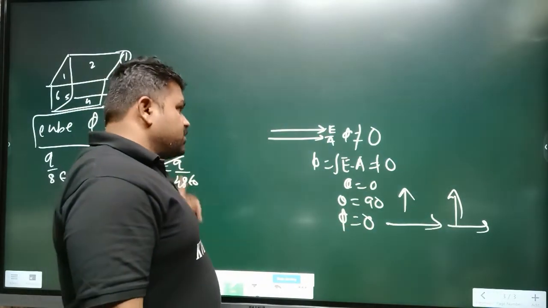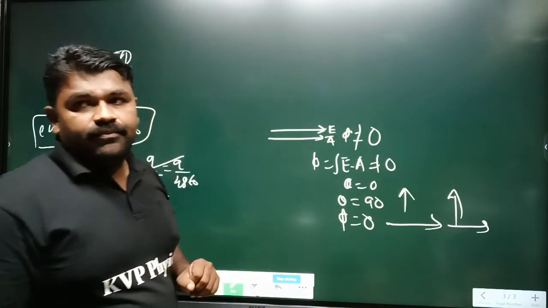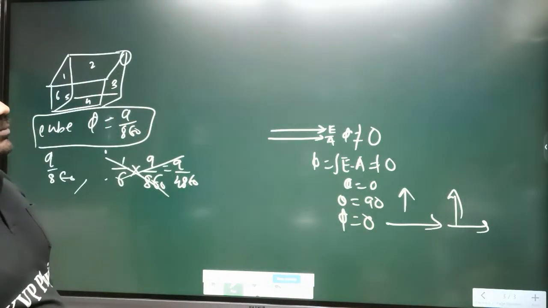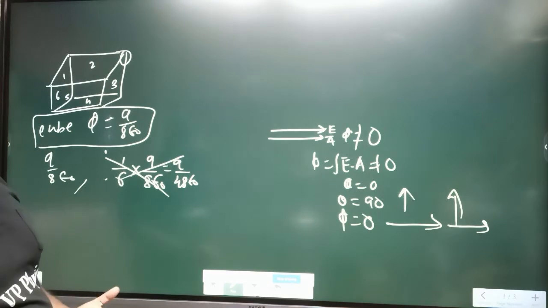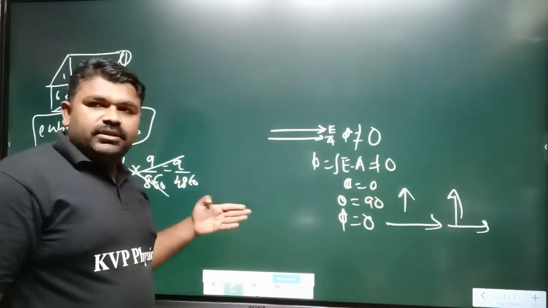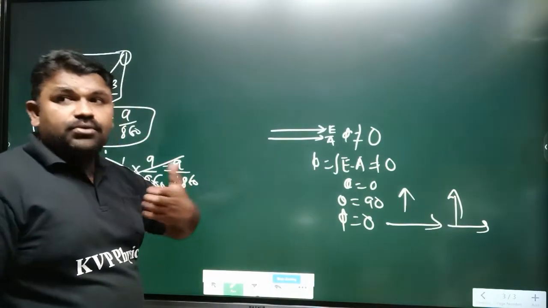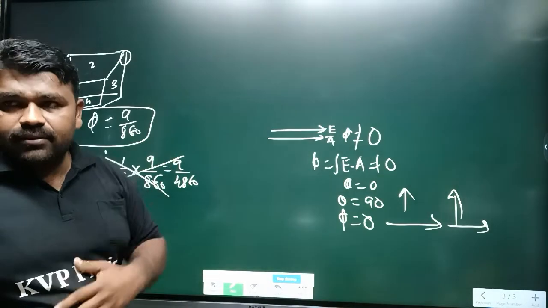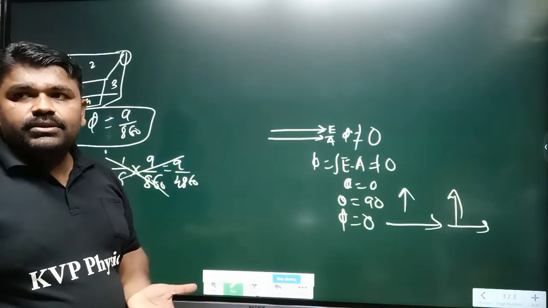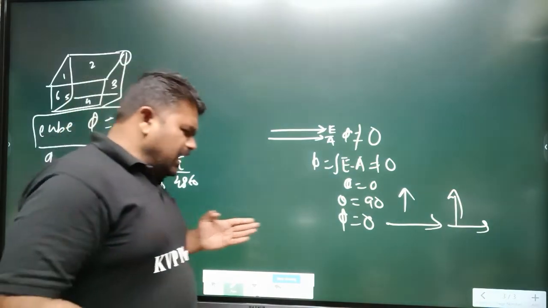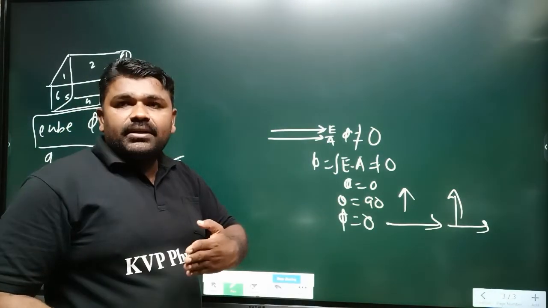Then how much flux is passing in this area? 0, because this flux is parallel to this surface, not toward you. If they ask how much flux is passing toward you, it is 0, because this one is parallel.